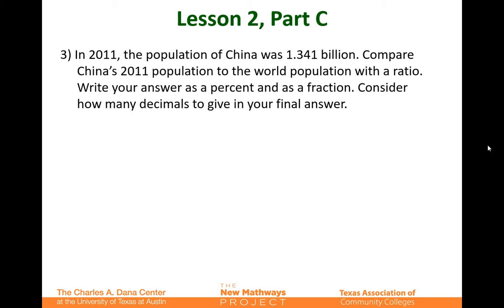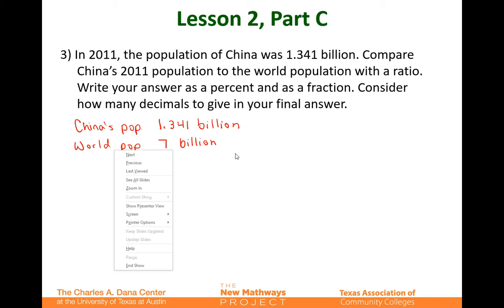So we know that in 2011, China's population was 1.341 billion, and the world population was 7 billion. One of the things you'll notice is that the population for China is given with a lot more precision than the world population. We have to assume that this world population has probably been somewhat rounded.